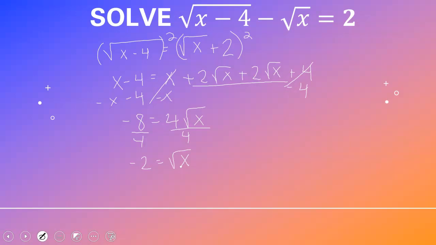No, because a square root itself is always positive. Its range is positive. So if I get a square root equal to a negative number, I can stop right there and say, oh, x has no solutions that are real.